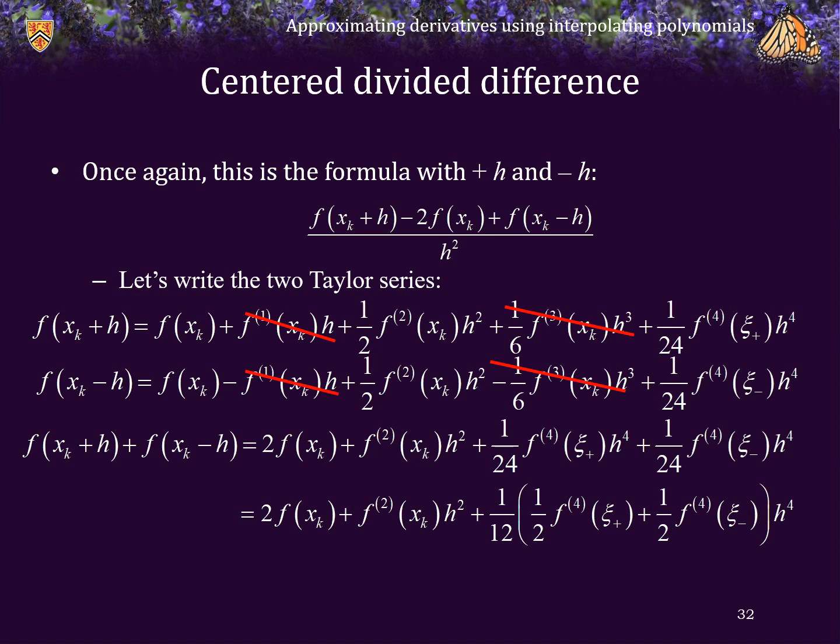Consequently, using the intermediate value theorem, we're guaranteed that there exists a psi such that that more complex expression equals this simpler expression. All right, nice. Just a reminder, psi lies between x sub k minus h and x sub k plus h.